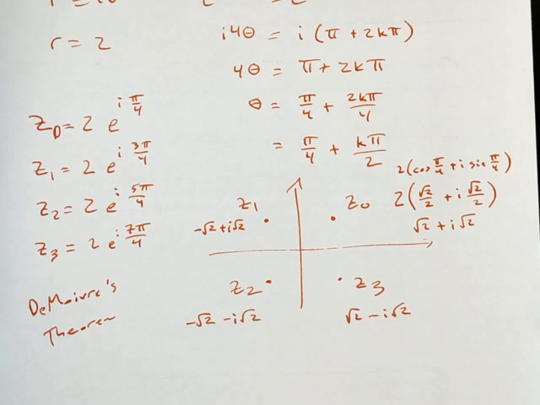And then you get an equally spaced regular shape. If you did a fifth root, you get pentagons. Sixth root, you get hexagons. Questions?